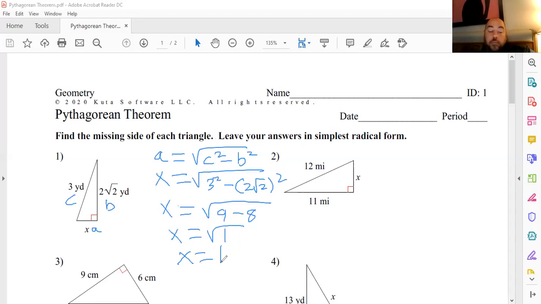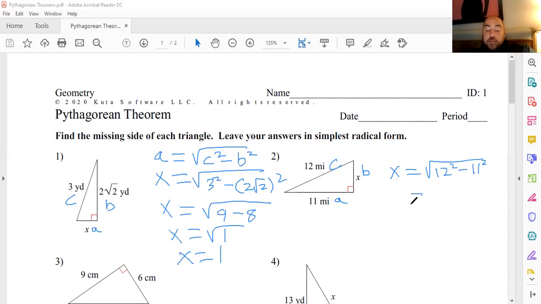Okay. So over here, let's say that was B. So this would be C, this is A, this is B. So we use B equals the square root of C squared minus A squared. Or here, x equals the square root of 12 squared minus 11 squared.